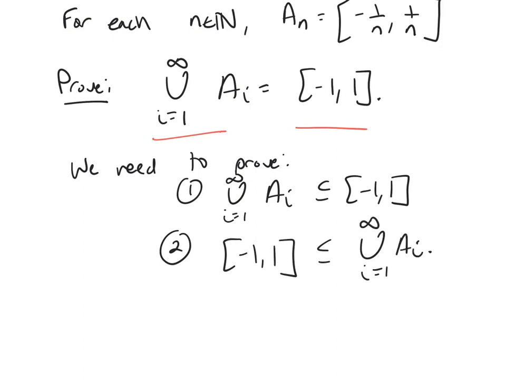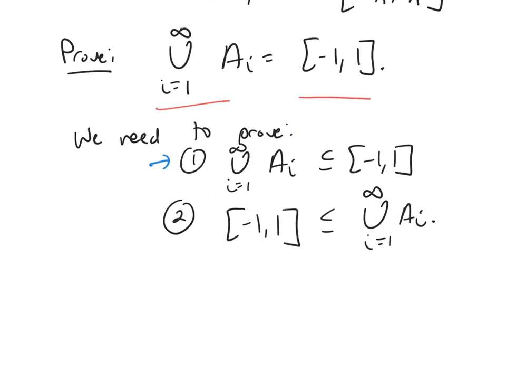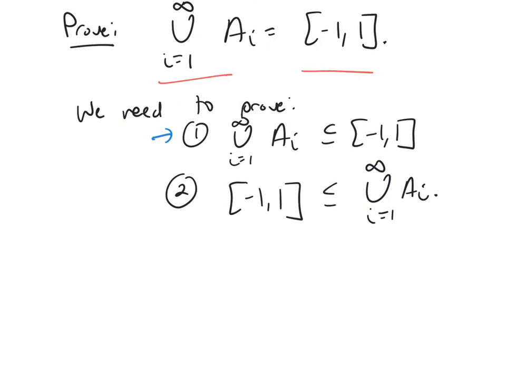So we're going to start with this first proof. And here we're just going to write outlines of these proofs. I won't go back and write them formally for you. So for number 1, we want to prove that the union of A_i is a subset of -1 to 1.